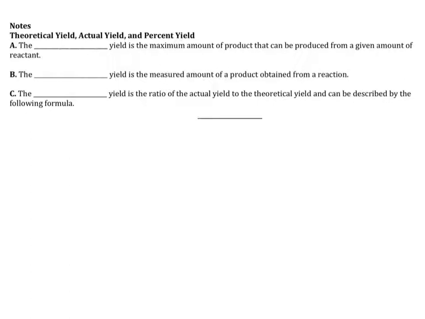But the reality is the world is not perfect. And if we were to actually go through that chemical reaction, there will be some errors involved, whether that be errors with the system or just errors that are inherent with the way the chemical reaction is occurring. But what ends up happening is you do not produce all of what you say you should.